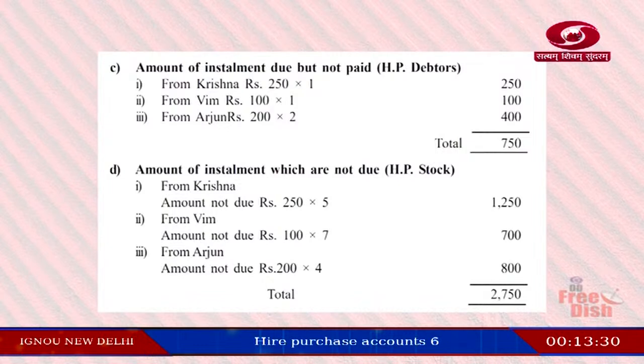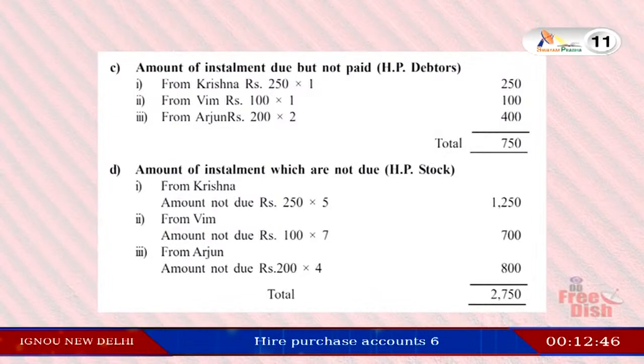Likewise for Arjun, there were 12 installments, and he could not pay 2 installments out of 8 installments due. It means 8 installments due, so 4 installments were not due. So 4 multiplied by 200, 800. So total unsold goods is 2,750. So this is how we have calculated hire purchase stock 2,750.